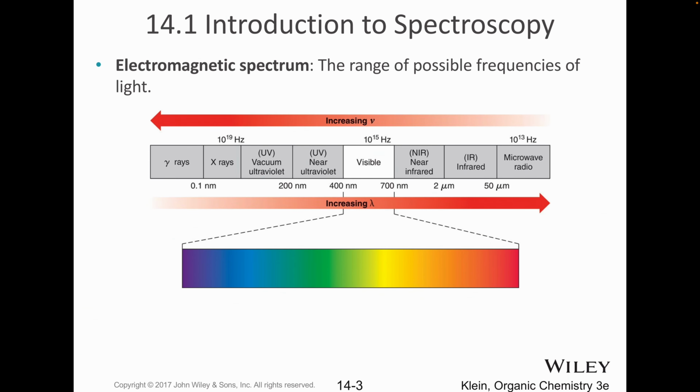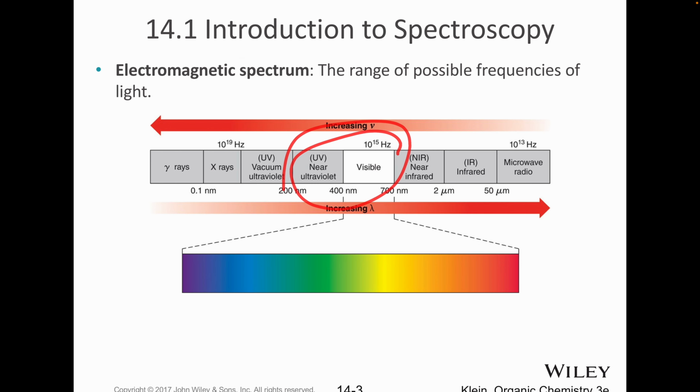Last semester you did UV-vis spectroscopy, so using photons in the UV and visible range. We talked about IR, using longer wavelength photons in that infrared portion of our spectrum. And now NMR uses these very longest photons, our radio wave portion of our electromagnetic spectrum.